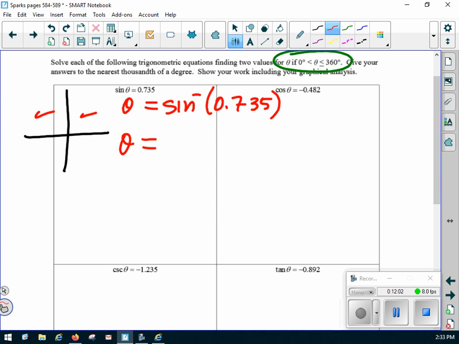Degree mode. Does everybody see sine inverse? It's second sine. Well, it'll help if you type it in right. 47.307 degrees.